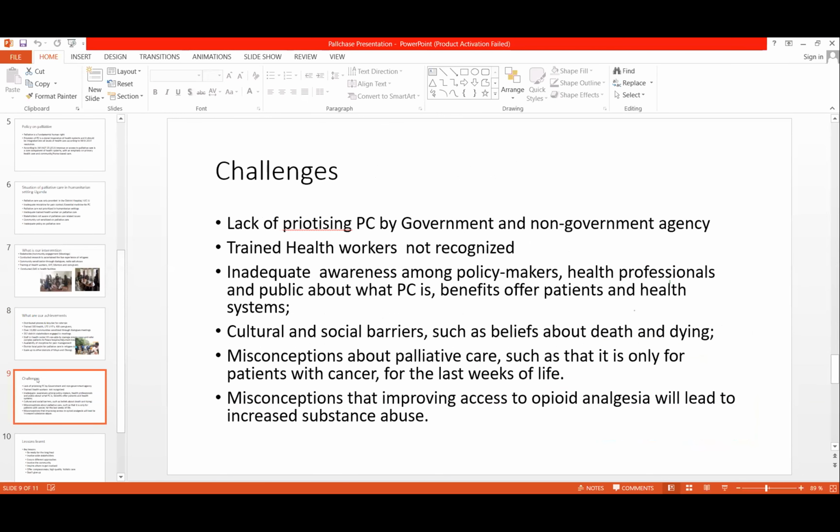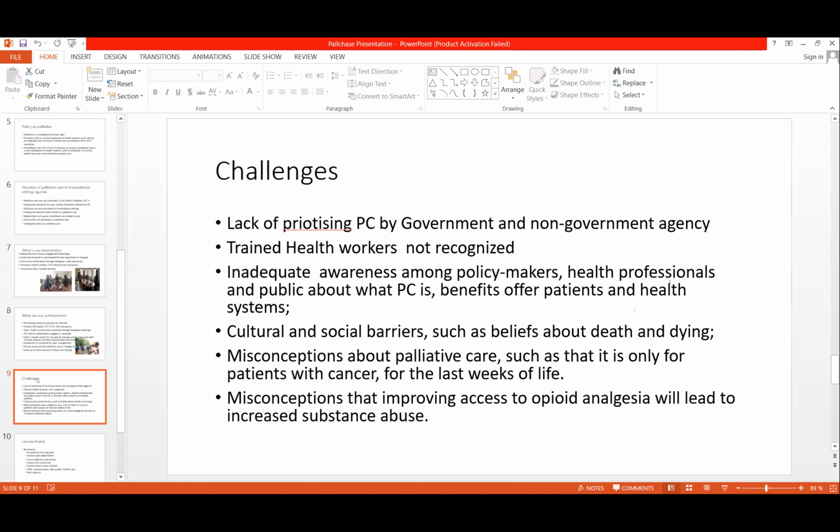You may be thinking that we're not having challenges, but we are having challenges. Palliative care is still not being prioritized by the government and other non-government agencies. Much as we say they now offer palliative care, some of the nurses or the clinical officers that have attended training have been given other responsibilities.